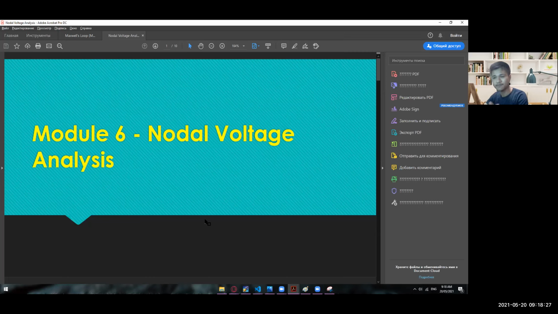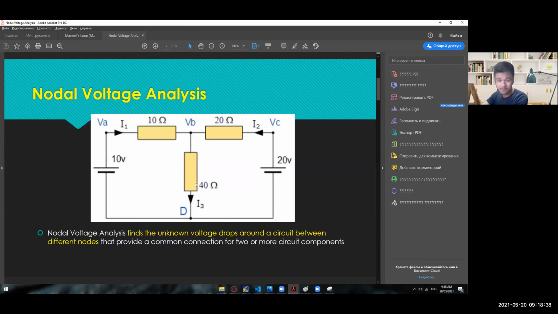If you have four sources, then you have to solve four sets also. But in nodal voltage analysis, it's only one time. One time big time. In nodal voltage analysis, we are dealing with nodes. So we have VA, VB, VC, and then VD.